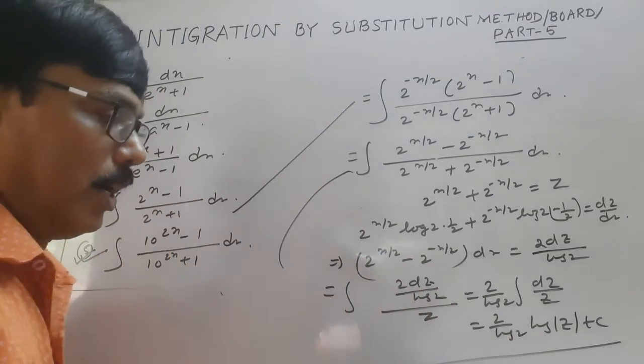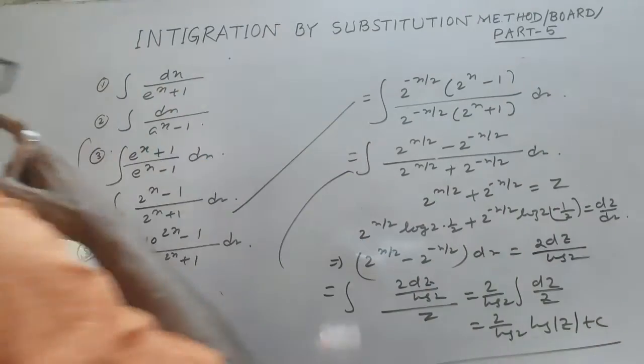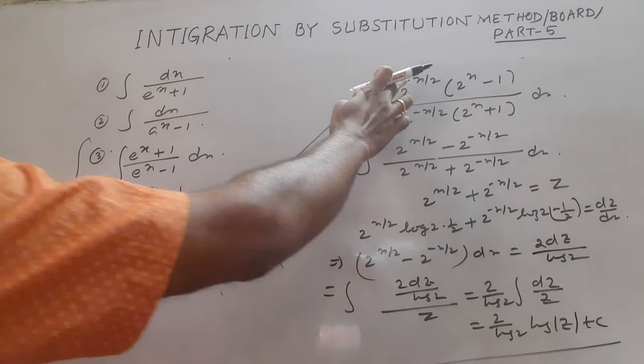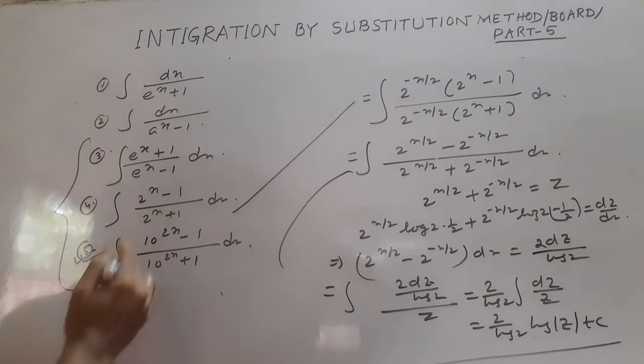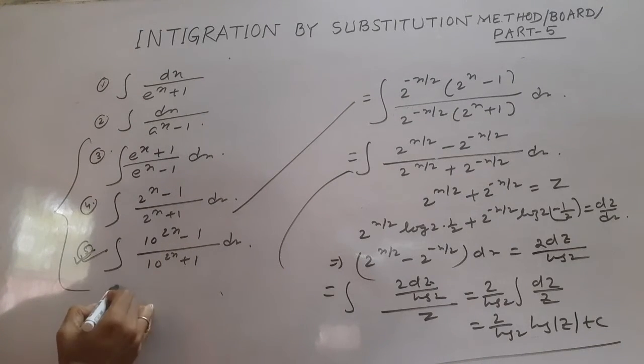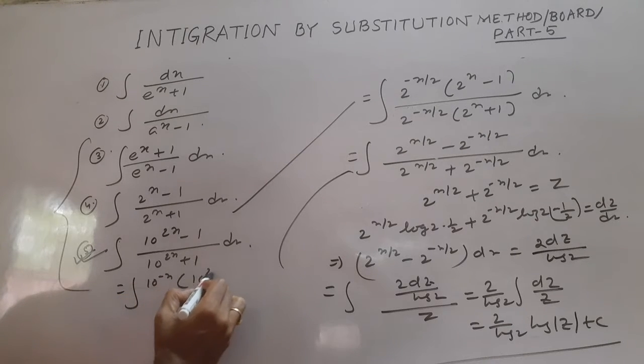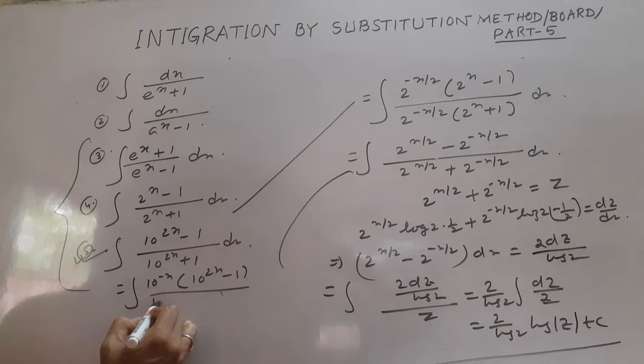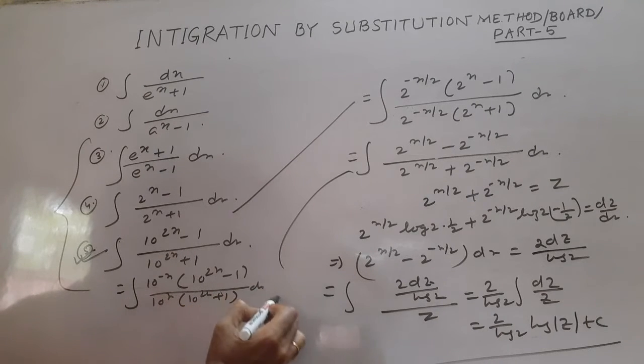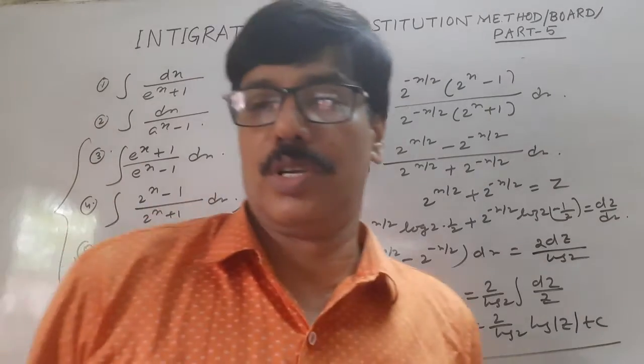So you remember the method. If it is 2 to the power x by 2, you multiply it by 2 to the power minus x by 2. And in problem number 5, you have to multiply by 10 to the power minus x. Simplify and put the denominator equals z. So you solve.